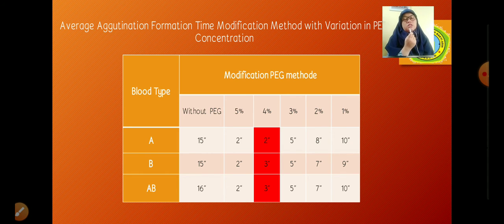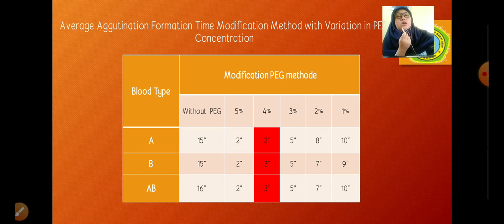We can see blood types A, B, and AB. Looking at the modification with PEG methods, at 5% and 4% PEG concentration the time is between 2 and 3 seconds. But 3, 2, and 1% PEG concentration take a longer time.